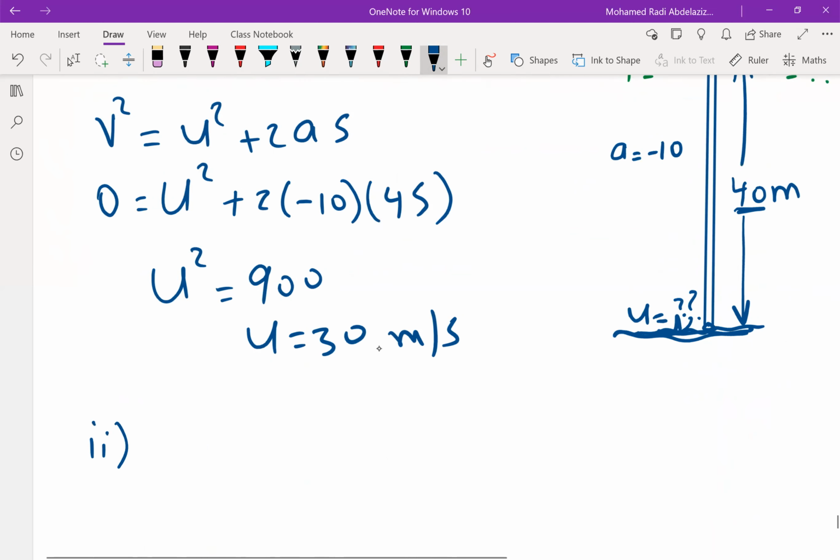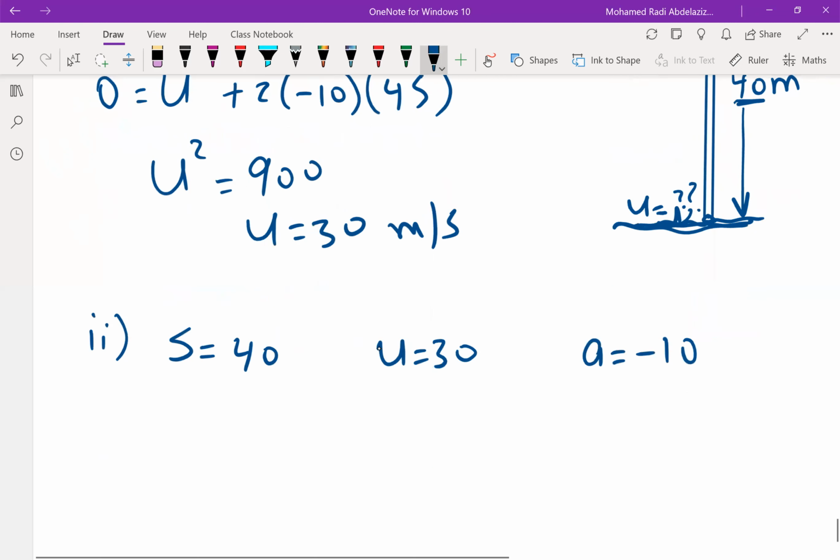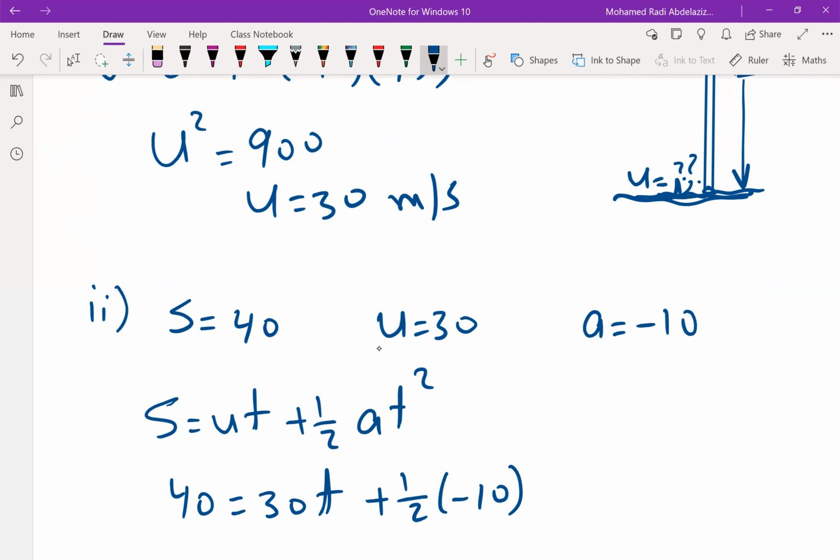So we use S equal to 40, initial velocity equal to 30, acceleration equal to -10, by using S equals UT plus half of AT squared. S is 40, 30 times T plus half of -10 times T squared.